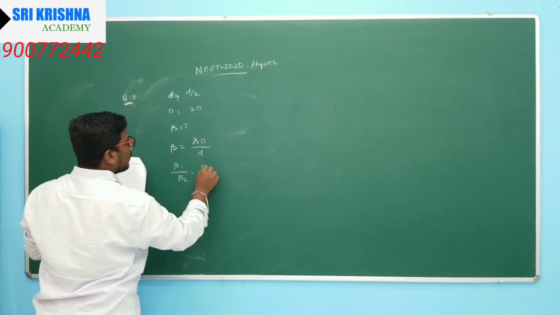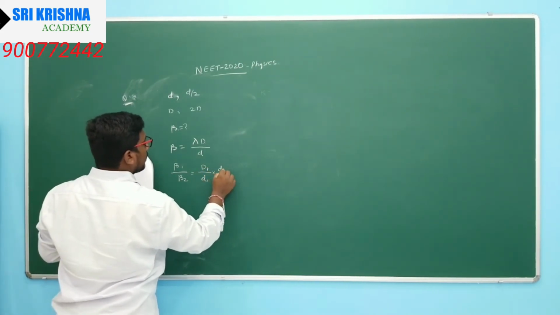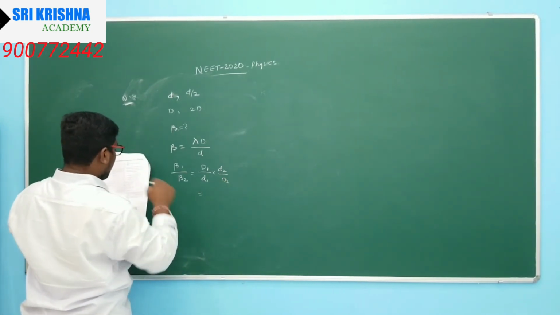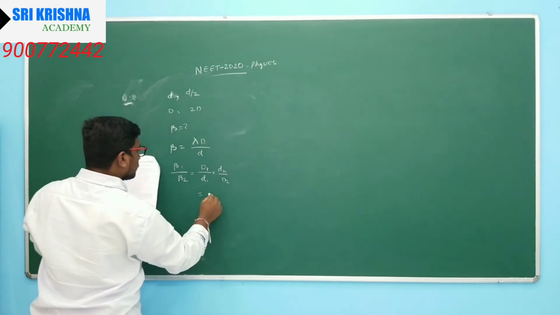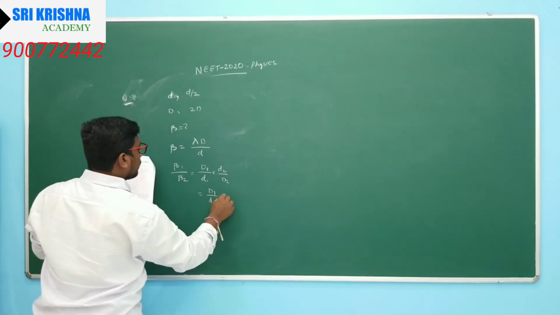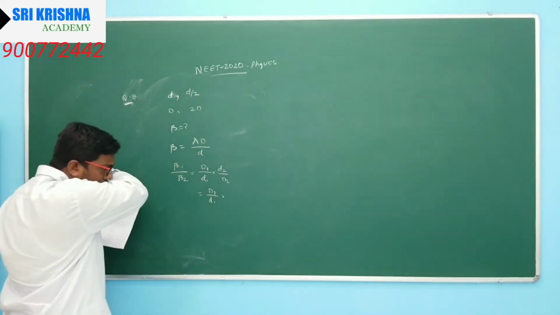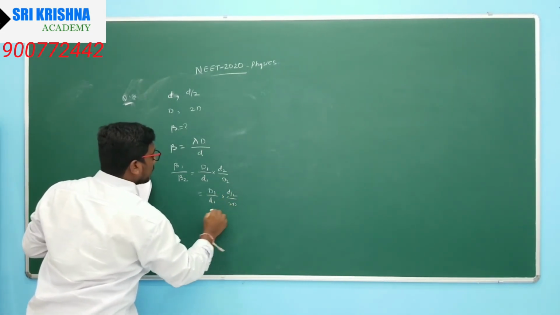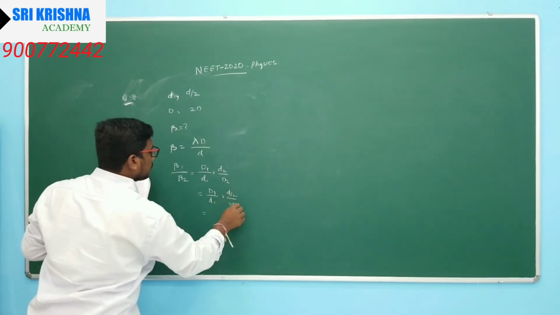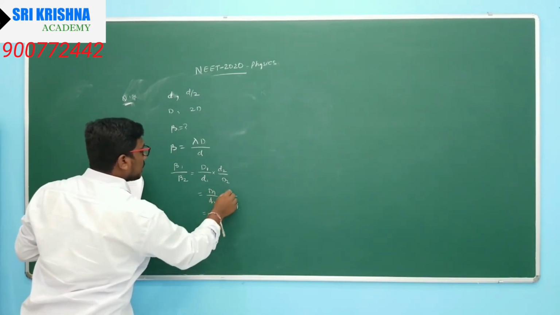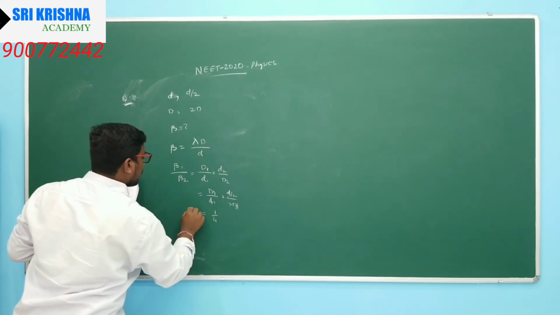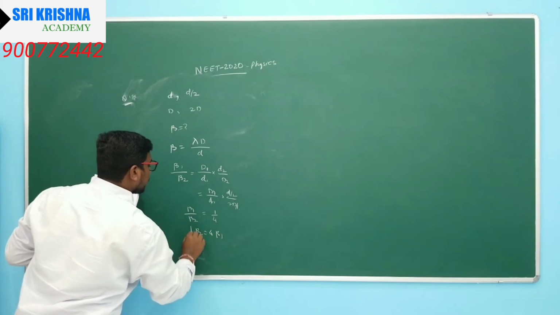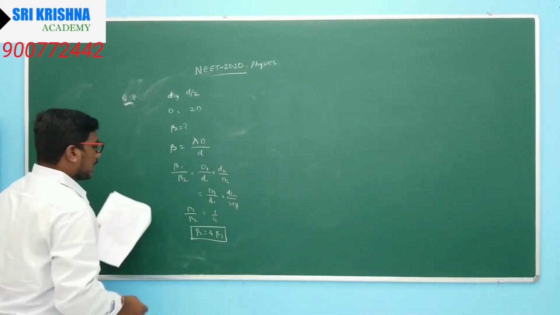Here d1 is d by 2 and D2 is 2D. So this will cancel out and become 1 by 4, beta 1 by beta 2. So beta 2 is 4 beta 1, so it becomes 4 times.